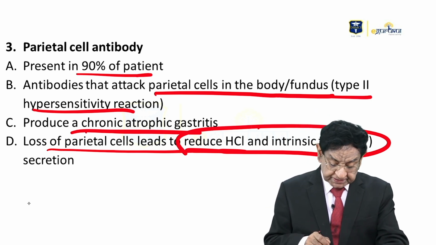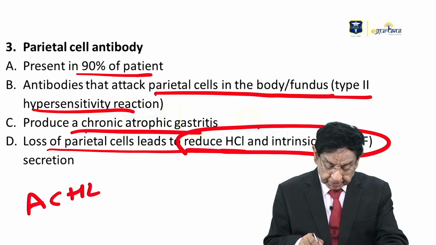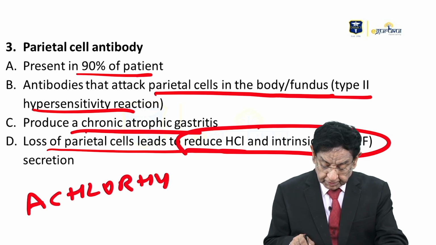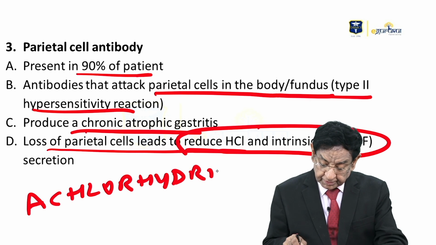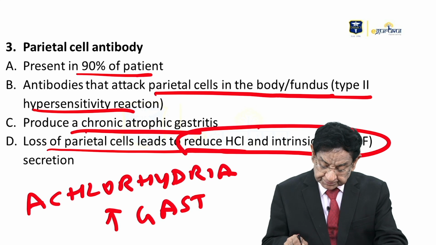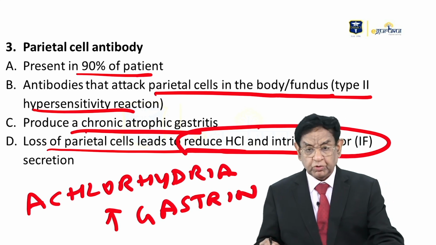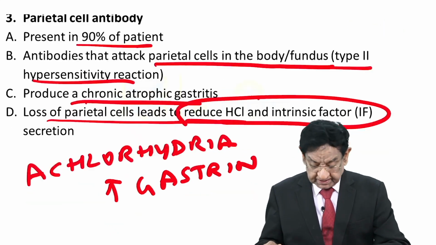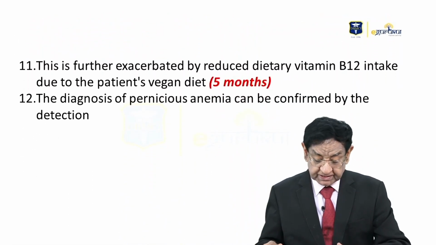Due to this reason, there is achlorhydria, but gastrin level is increased. So low HCl and increased gastrin level is the classical finding that we get in these cases.